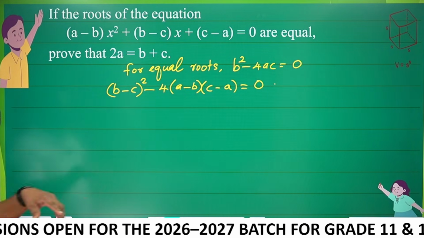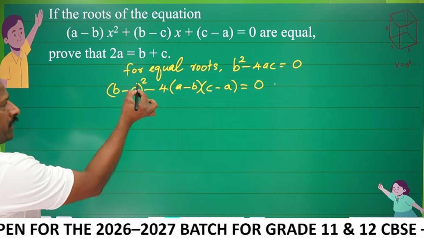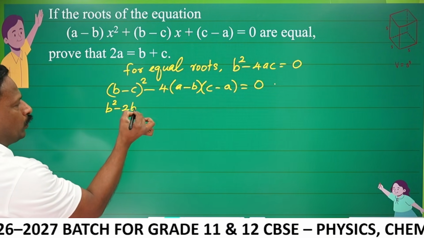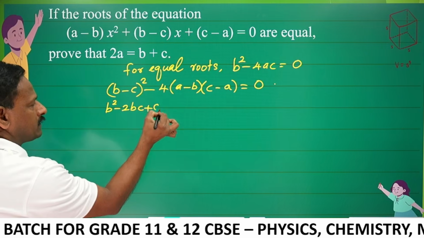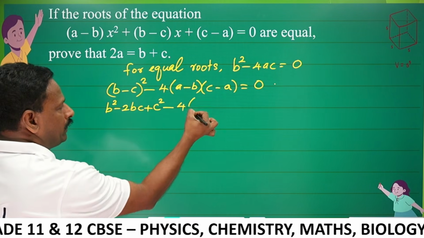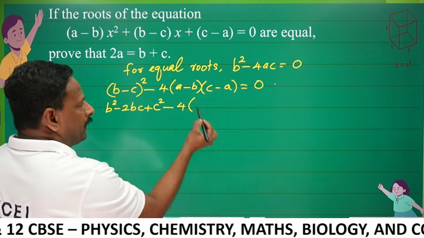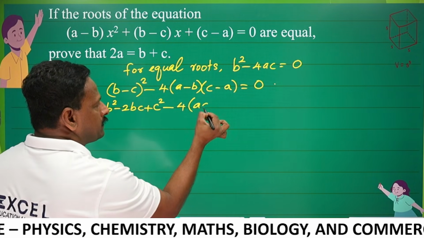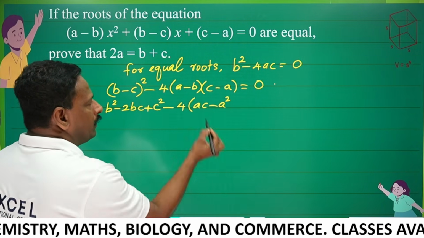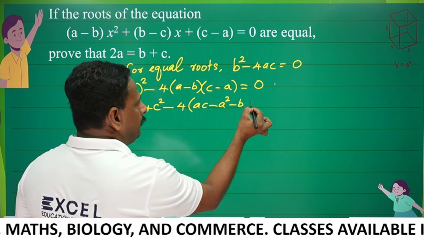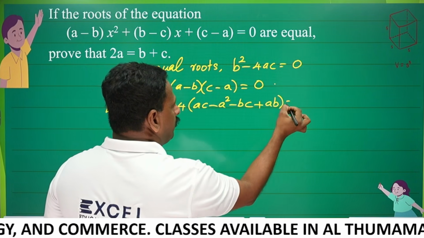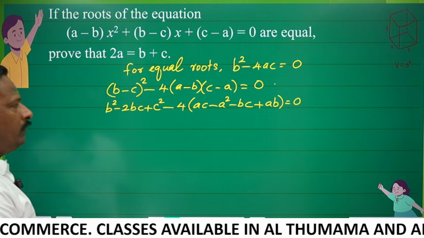Now we will simplify this expression. So this is (a minus b) whole square, which is a square minus 2ab plus b square, minus 4 into, here when you open the bracket, a into c is ac, a into a is a square, minus bc plus ab equal to 0.